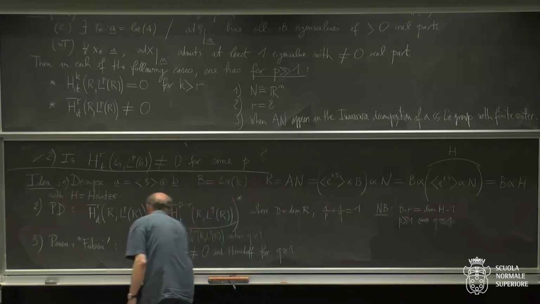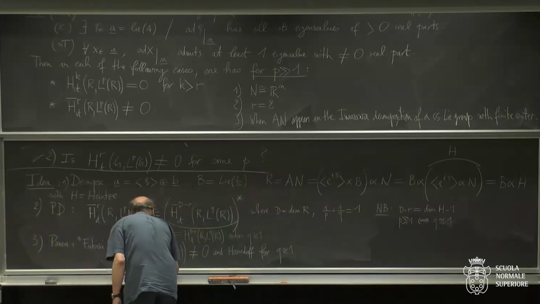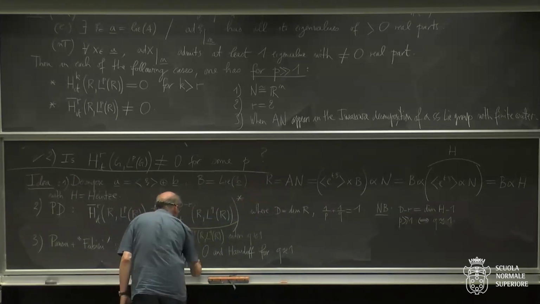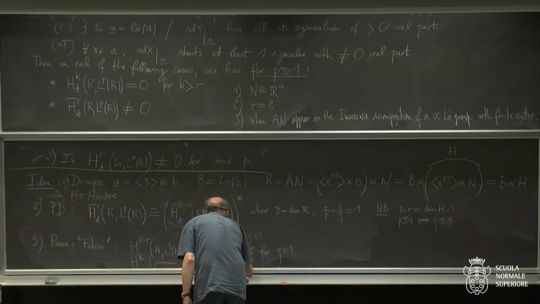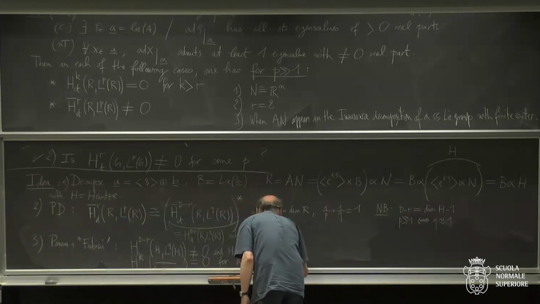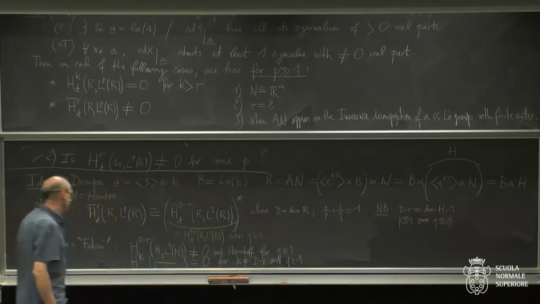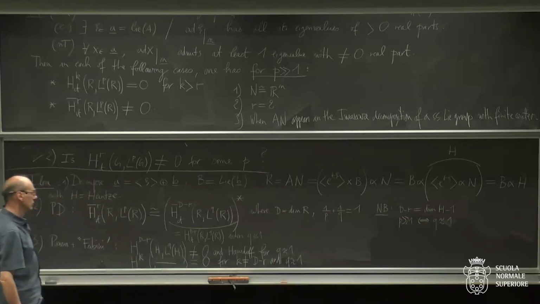And it is concentrated in this degree. It is 0 for k different from d minus r and q close to 1. So the cohomology of H for q close to 1 is known.